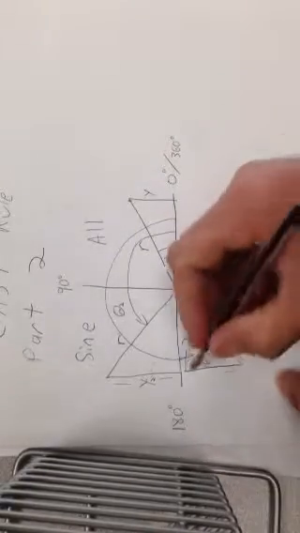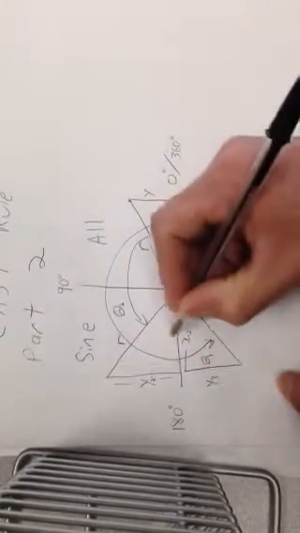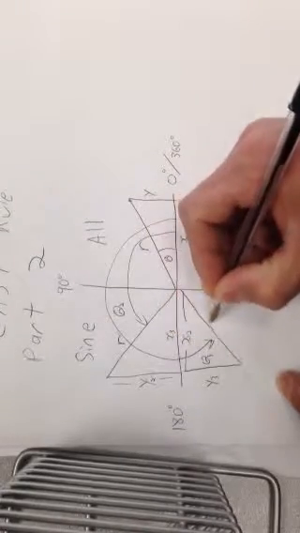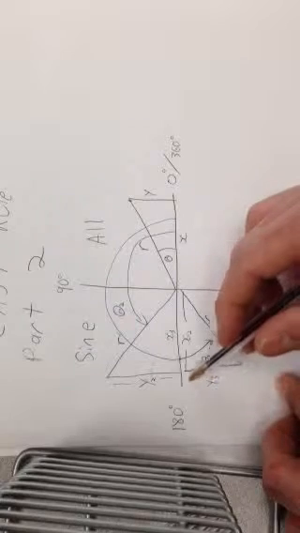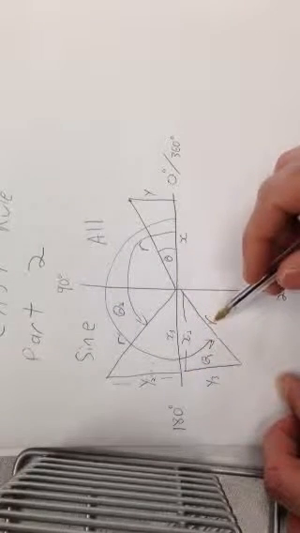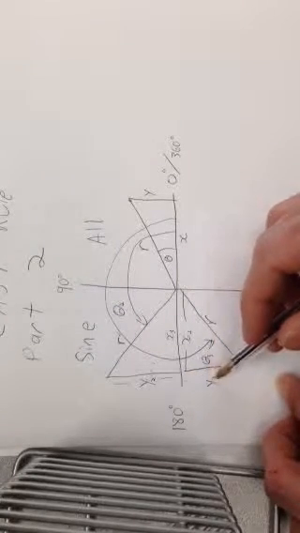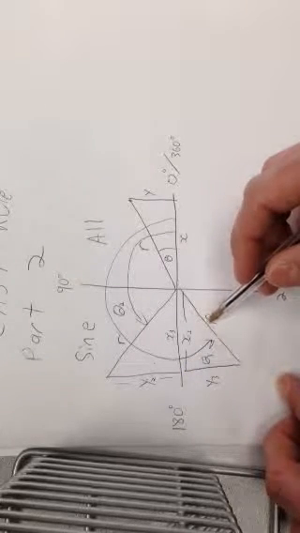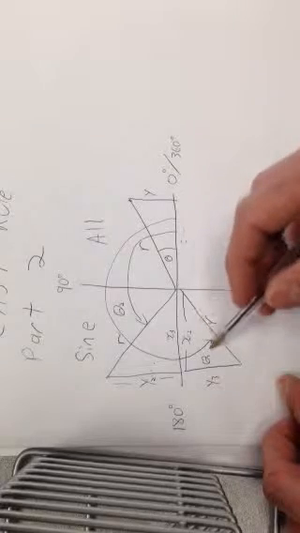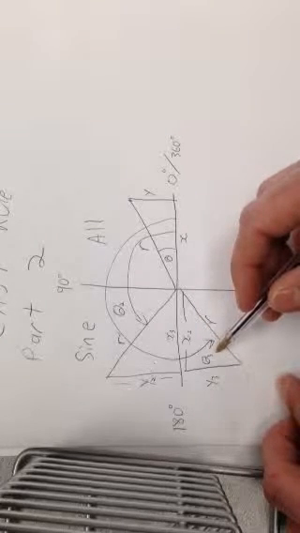What's going to happen with theta 3? Here's y3, and here's x3, and here's r. The sine of theta 3 is y3 over r. This y is clearly negative, as I am below the line. A negative divided by a positive gives us a negative. So the sine of theta 3 is negative.